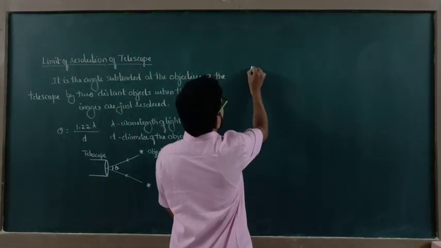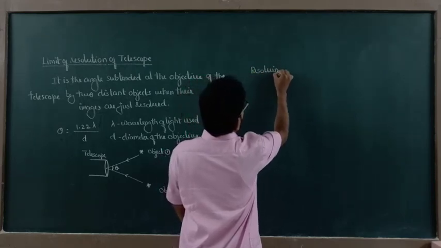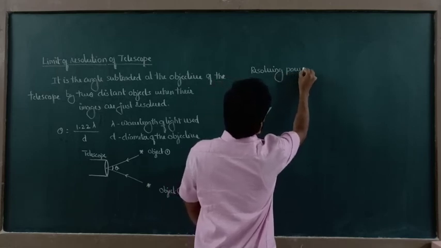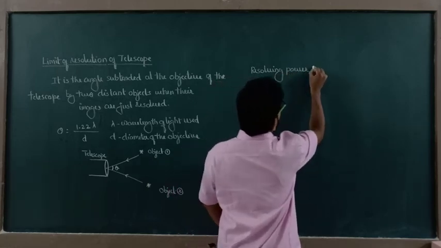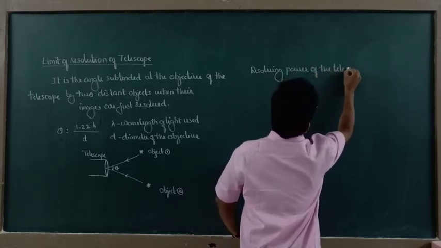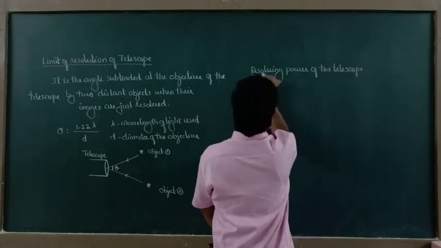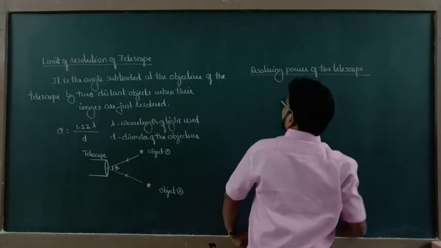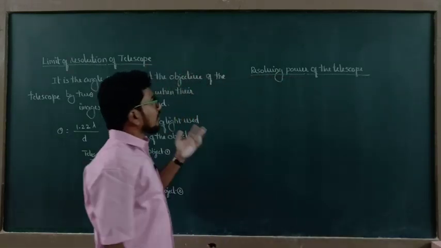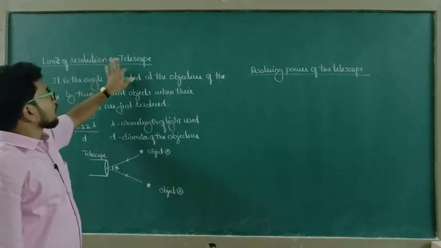Resolving power of the telescope. Again, you can easily write the resolving power of a telescope, because it is the reciprocal of the limit of resolution of the telescope.